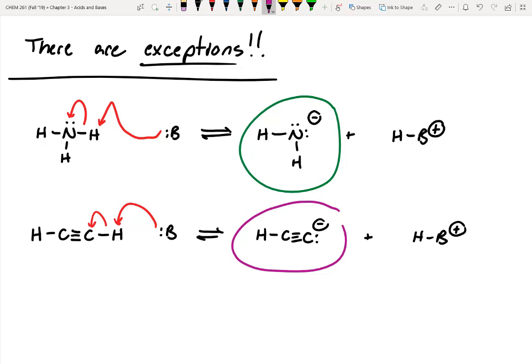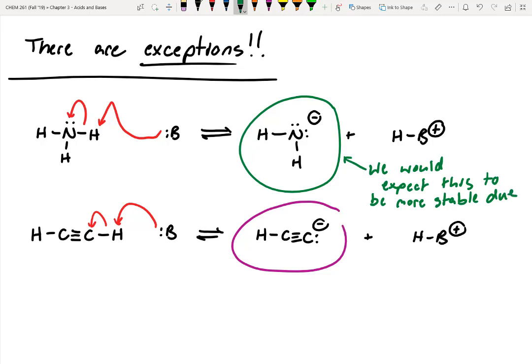Nitrogen. So we would predict this, we would expect this to be more stable due to electronegativity.